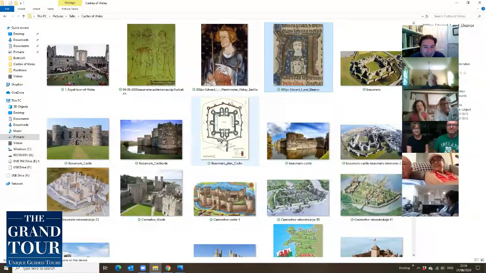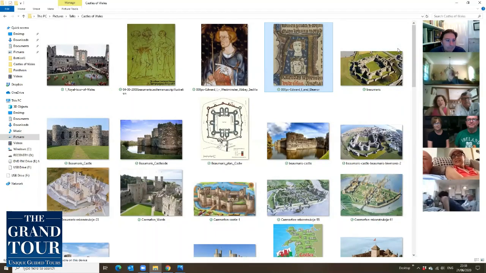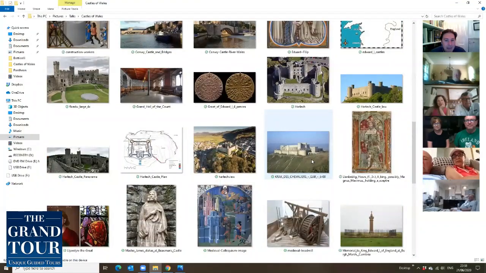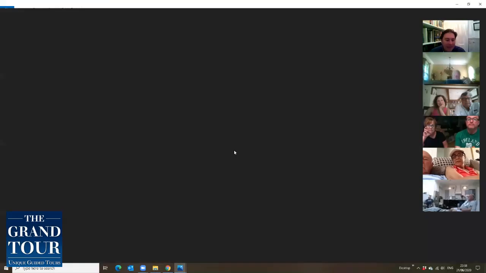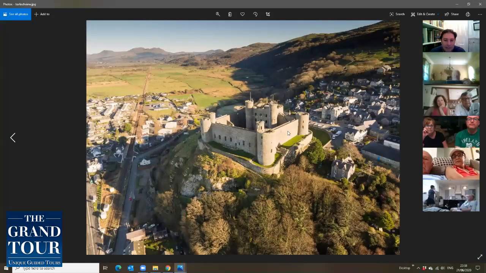Let's see the other castles and how they were built. Basically, the main castles that were built, like Harlech and also Caernarfon and Caerphilly and the other ones, they were all built to last and to stand a siege of a few months.